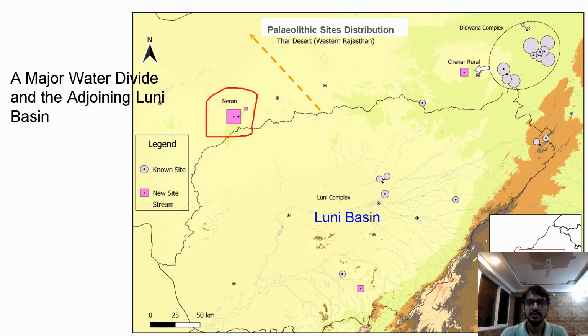So here I would mention the Luni water basin and its water divide boundary. When we talk about the northwestern flow direction, this is the water flow which occurs here, and the rest of them join the Luni system.